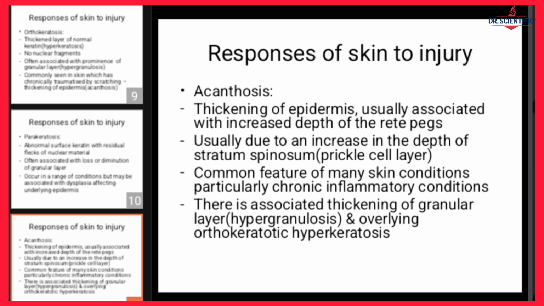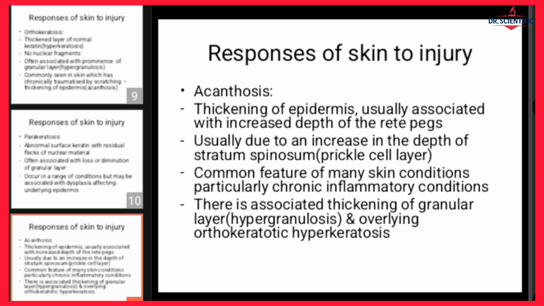So stratum spinosum can also be called the prickle cell layer. Go back again and look at those diagrams that I've given you, and see where the stratum spinosum is. Stratum basically means strata. You remember strata is something that has layers. That is why we talk of stratified. So you look at that stratum spinosum. In this case, it usually tends to increase in depth.